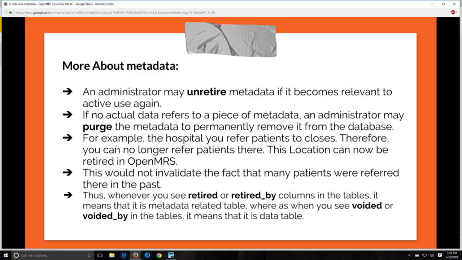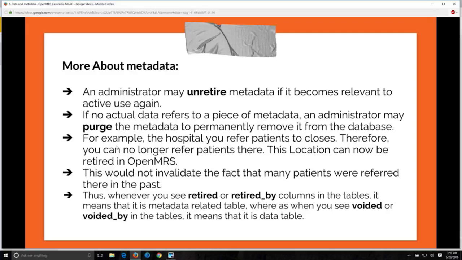For example, a hospital you refer patients to closes down. Therefore, you no longer refer patients to that clinic or that location. But the existing observations that have been captured in that location still want to be used for analysis purposes. So you would not invalidate the fact that previous information about the patient was captured in the old location.